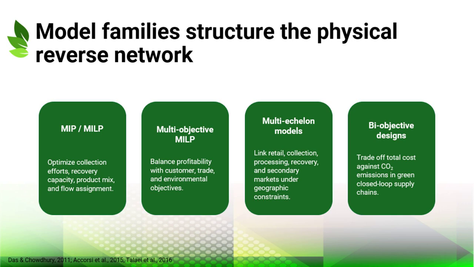Multi-echelon models connect network layers such as retail locations, collection points, processing centers, recovery facilities, and secondary markets. Bi-objective green closed-loop models add explicit trade-offs between total cost and carbon emissions. Each model family captures a different level of complexity. As networks integrate, models must represent economic and environmental objectives across interconnected facilities and guide investment choices.